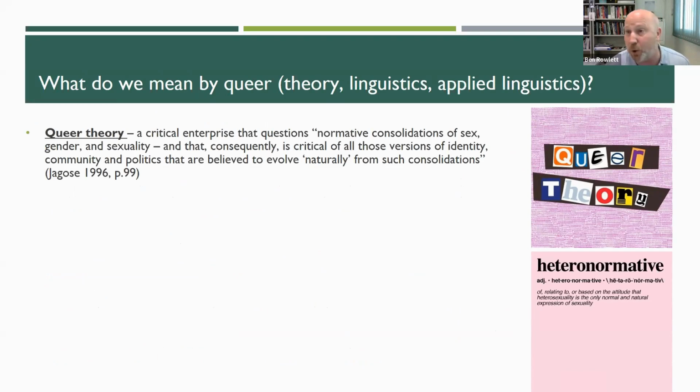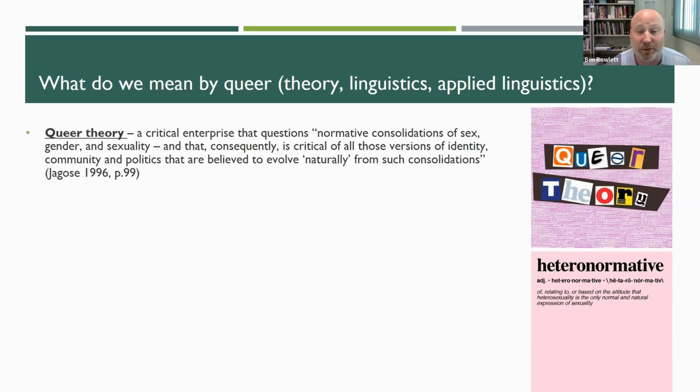So the word queer was, as many of you are probably aware, historically used as a slur in English-speaking contexts, but it underwent this process of resignification in the late 80s when it began to be used as a more positive marker to create a kind of broader constituency that includes anyone who goes against normality, irrespective of gender and sexual identification.